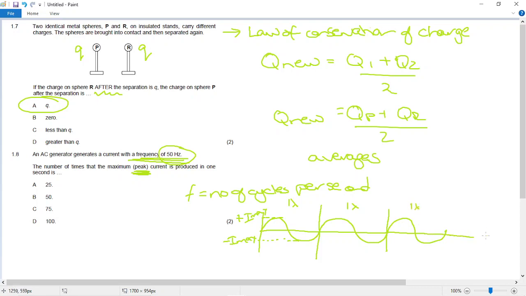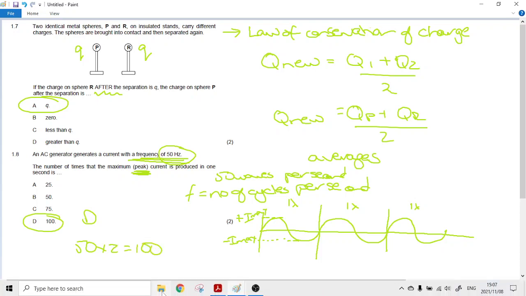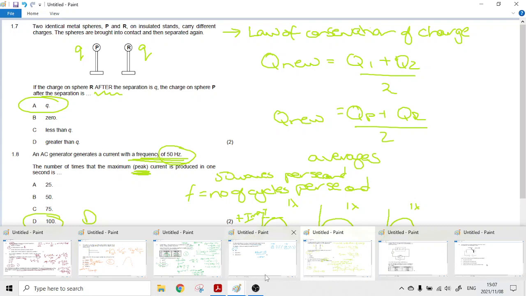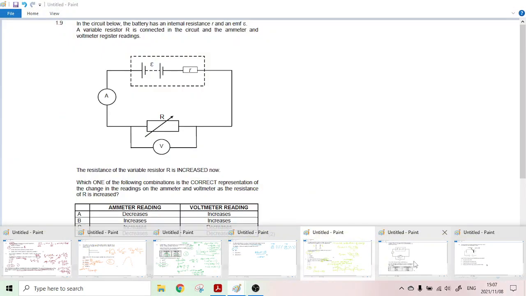Imagine 50 in 1 second. So it's 50 waves per second, but each wave has a positive peak and a negative peak. So the answer here is D, because 50 times 2 equals 100. There are 100 maxima every second. One is a positive maximum, one is a negative maximum.